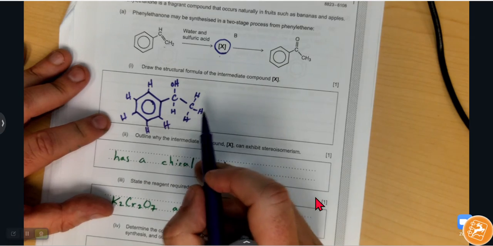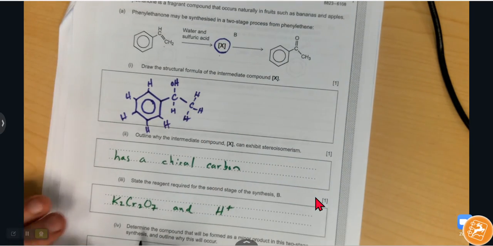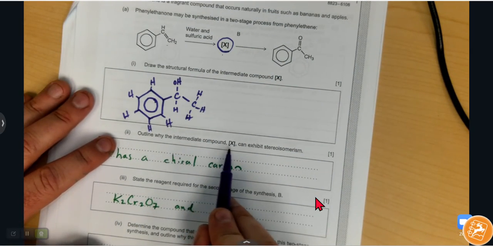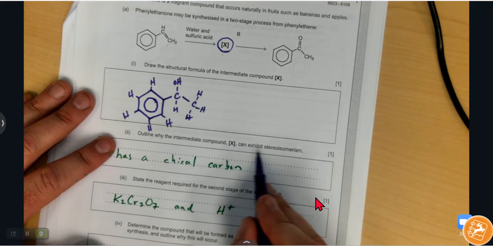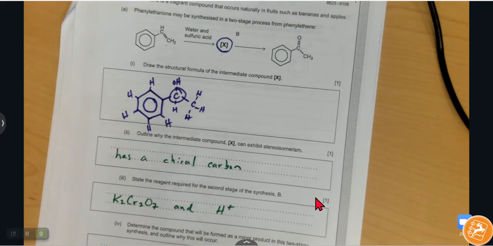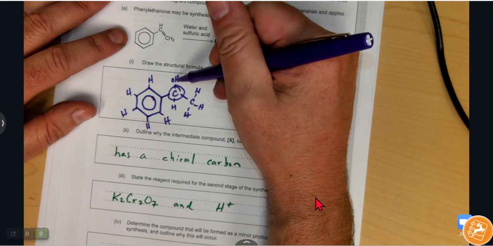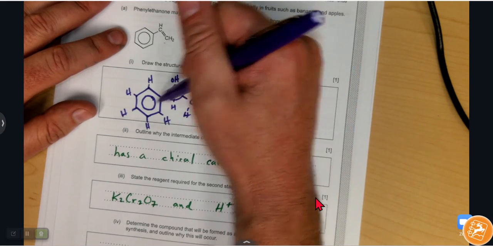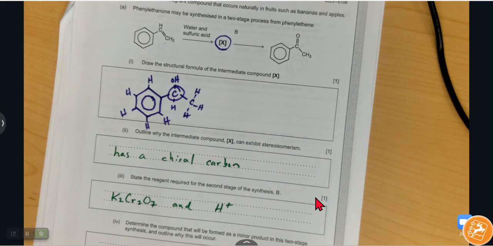And there you go, so we've got the secondary alcohol. Outline why X can exhibit stereoisomerism: because that carbon is chiral. It's bonded to an OH, an H, a methyl group, and a phenyl group. If you're bonded to 4 unique things, that means you're chiral.